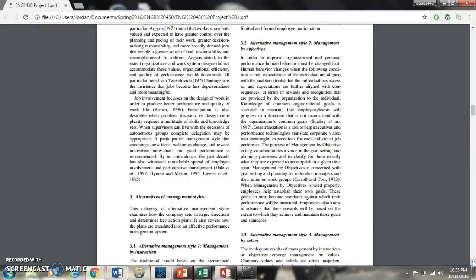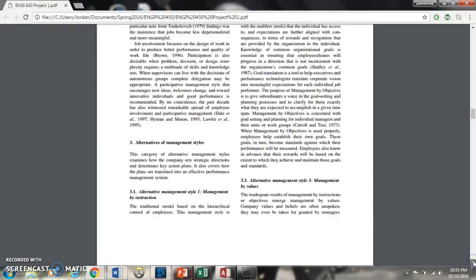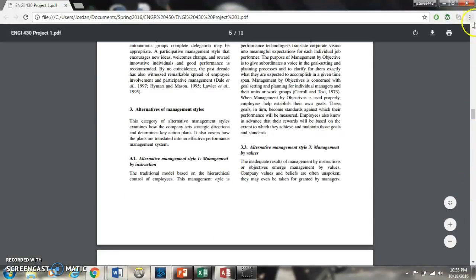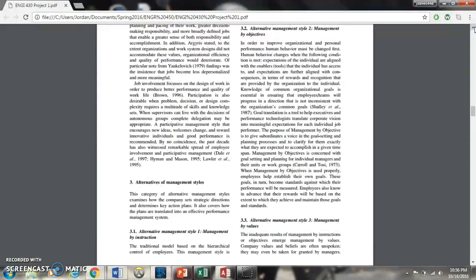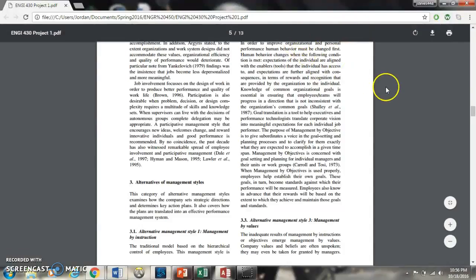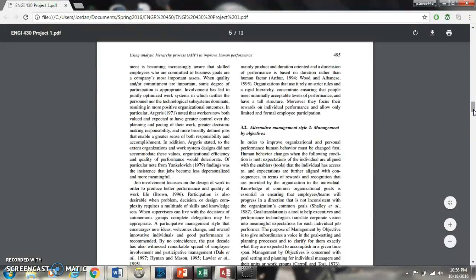After this, they talk about the 3 main alternatives that they're going to be talking about. The first one is management by instruction. This is to just give the basic requirements to your employees, saying, we have a basic requirement for you and you must fulfill this basic requirement. It's very rigid, very traditional. The second management style is a little more new age, and it's management by objectives.